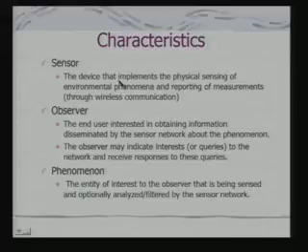Sensor is a device that implements a physical sensing of environmental phenomena and reporting of measurements. So in this case, we are generalizing the basic definition of a sensor. I hope you realize by now, because a sensor would be actually the actual sensing elements interfaced with an embedded system, which has also got the communication element built into it.